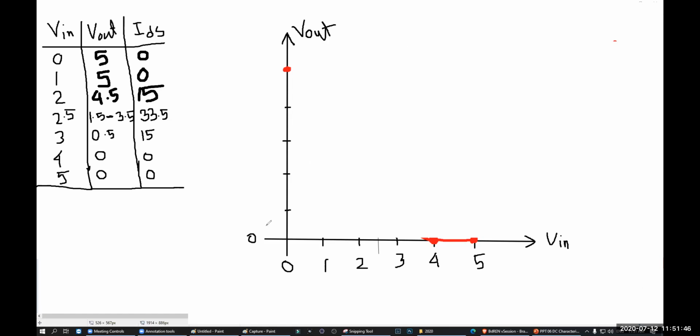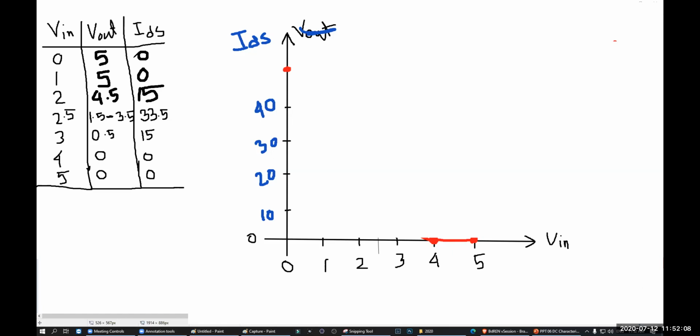Now, let's say this is 0, this is 10, 20, this is 30, this is 40. This is no longer Vout, this is IDS.